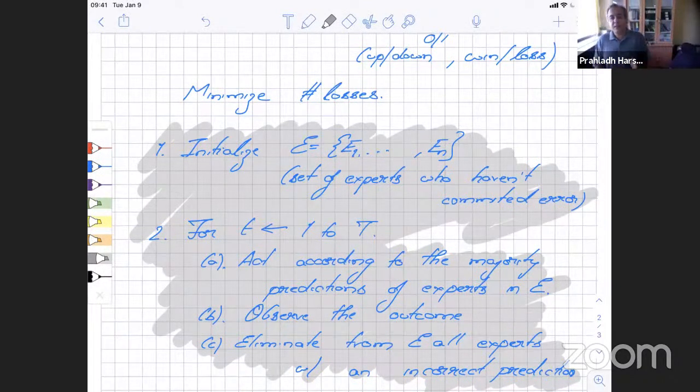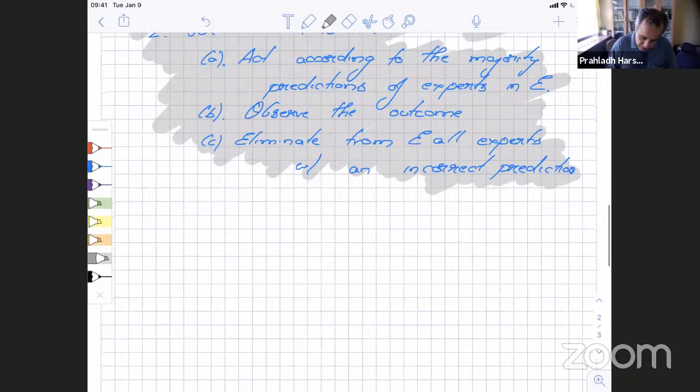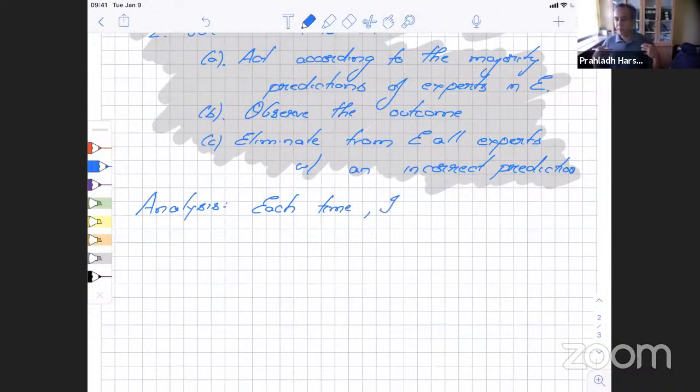How many times can this happen? This can happen only log n times. So the analysis for this is the following simple thing. I'm going to use the word I for the action of the algorithm: there are the experts and I'm going to make the decision based on the experts.